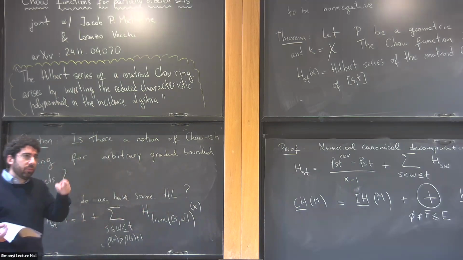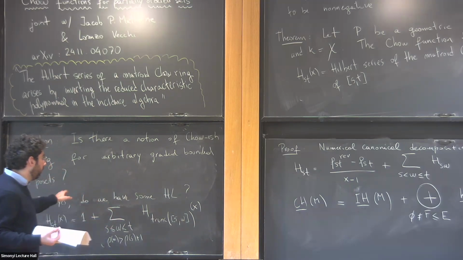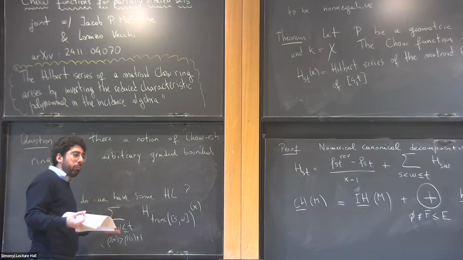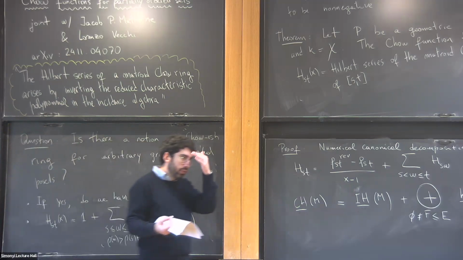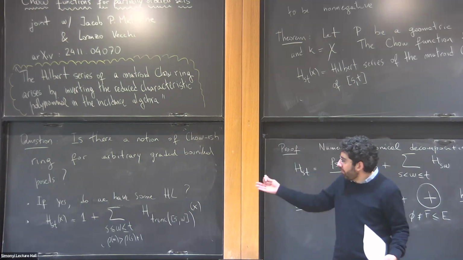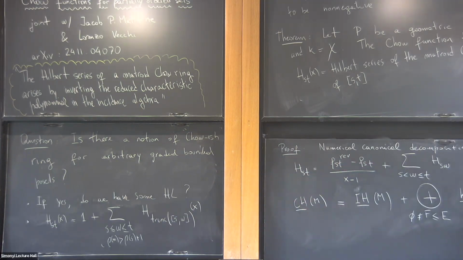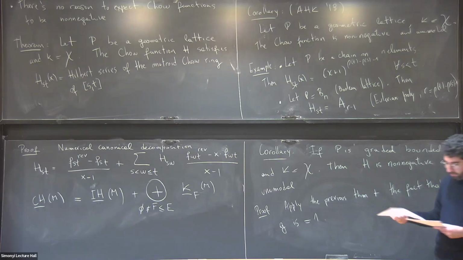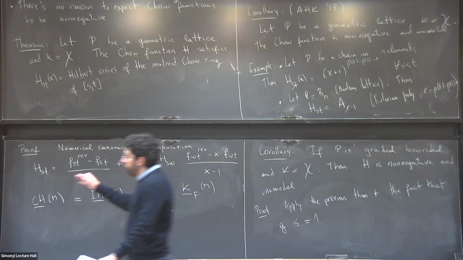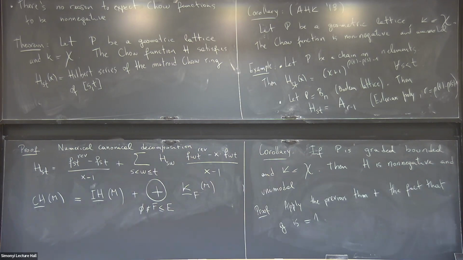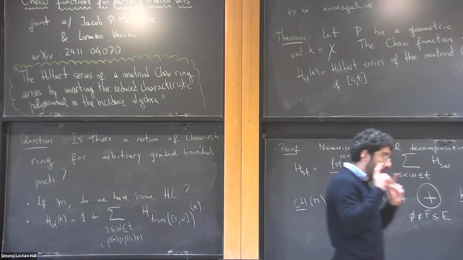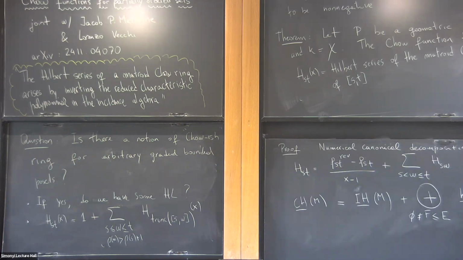By looking at the way Matt presents Chow rings of matroids, since this has to be true for all graded bounded posets, whatever the Chowish ring is, it has to satisfy this. Maybe there's some decomposition at the level of rings that explains what you have, and therefore also this. And there's a natural guess on how to define this, which is essentially taking the paper by Wagner and Yuzvinsky, taking the way they define the Gröbner basis of the ideal.